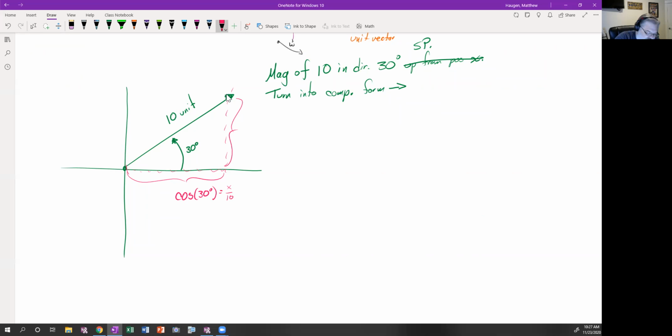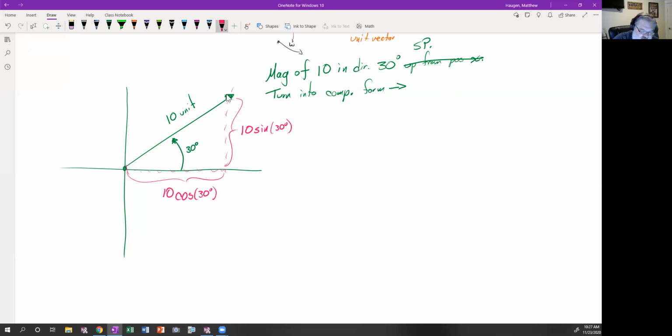So this actual x value here is going to be 10 times, if you multiply that out, the magnitude times the cosine of the 30 degrees. The y value is going to be 10 times the sine of that 30 degrees. Fair? Cade, is that fair? Yeah. Okay. But we've been finding those kinds of lengths for a long time.